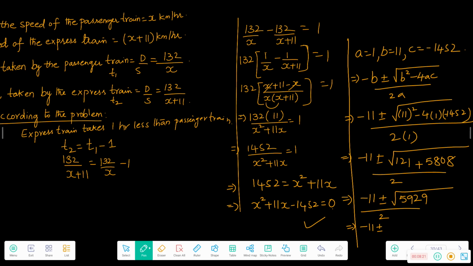So minus 11 plus or minus root 5929, which is 77, divided by 2.